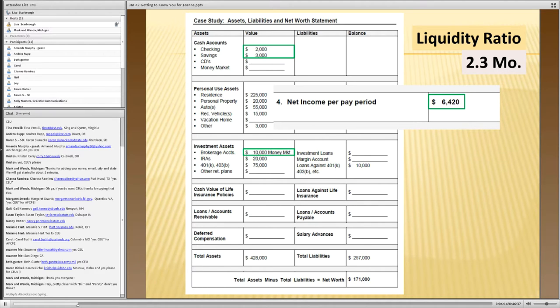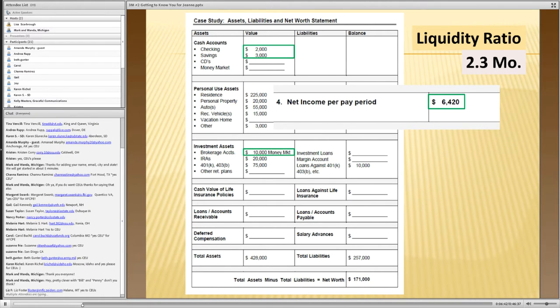Now, we want a liquidity ratio that is 3 months up to as much as 6 months. And what would determine that would be the stability of your income. As we learned last week, do you have stable, ongoing income, or is it less reliable and variable? It also depends on what your profession is. For example, if you are a court justice, you might have a very stable income.